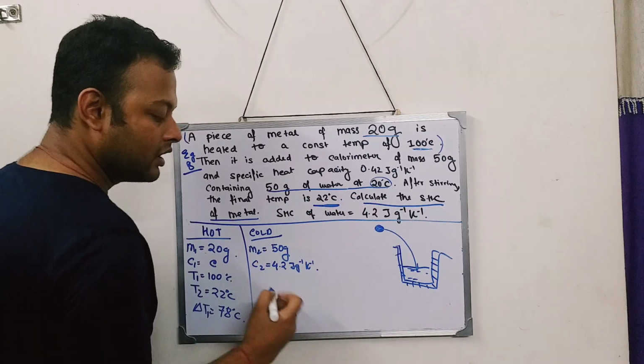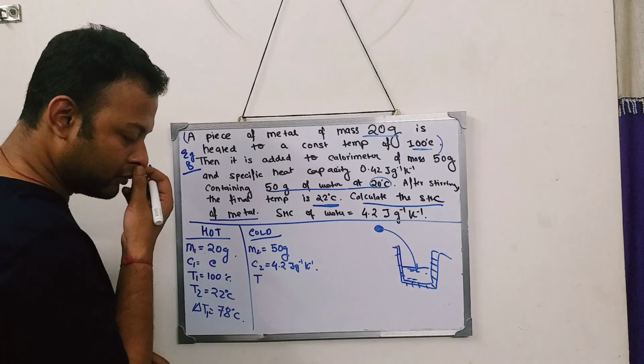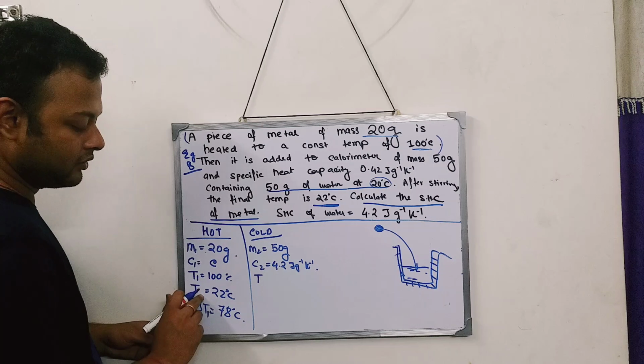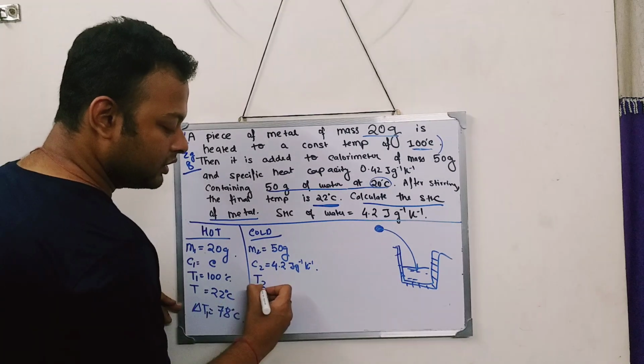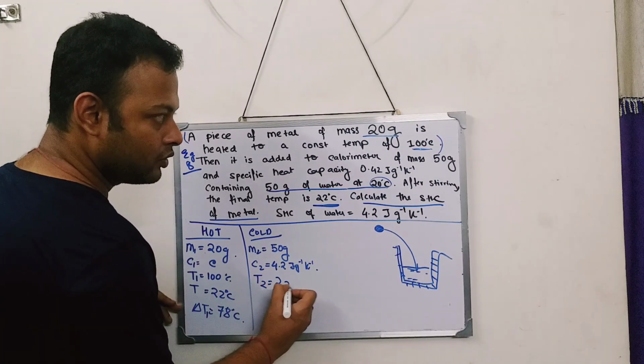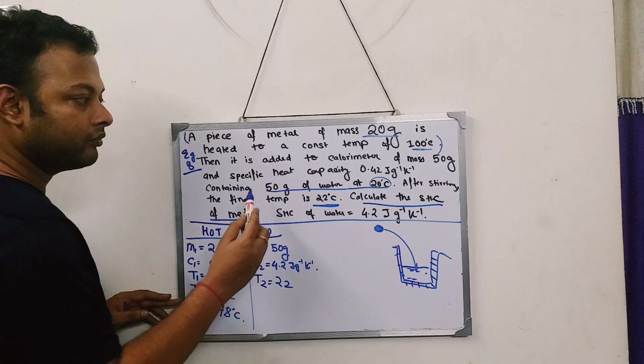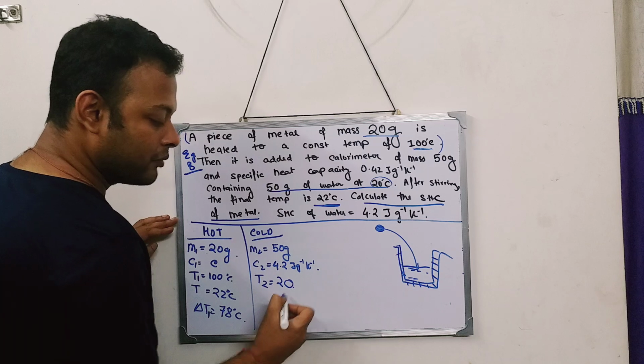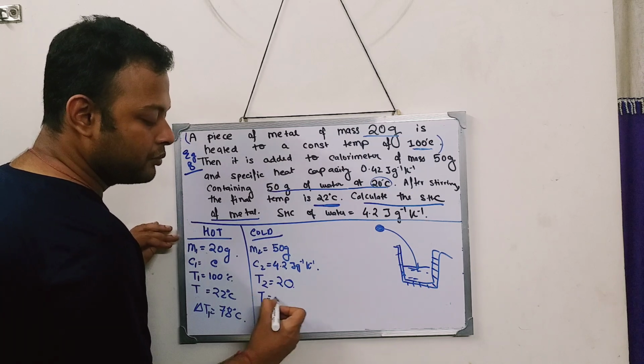Let's make the final temperature T. Initially the temperature is 20 degrees centigrade, and finally it becomes 22.